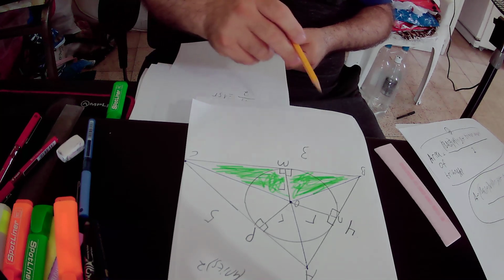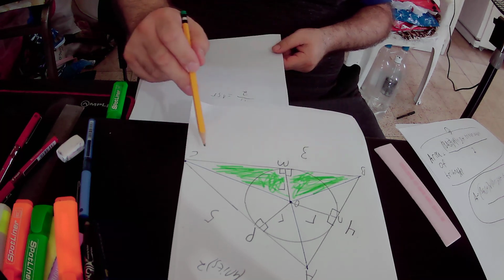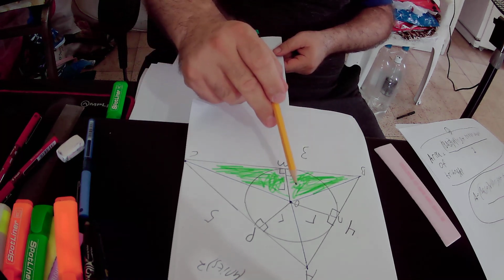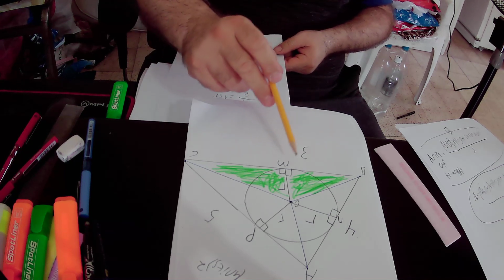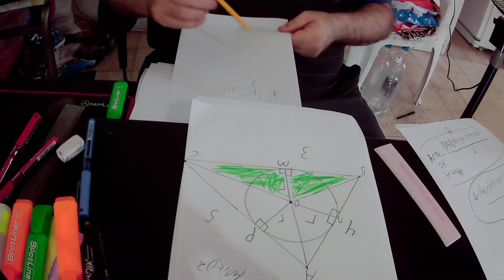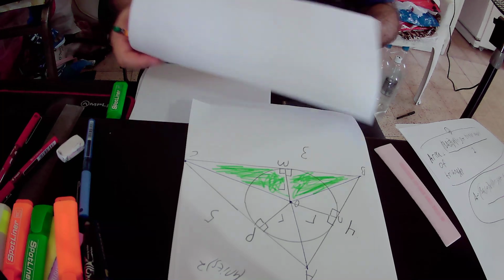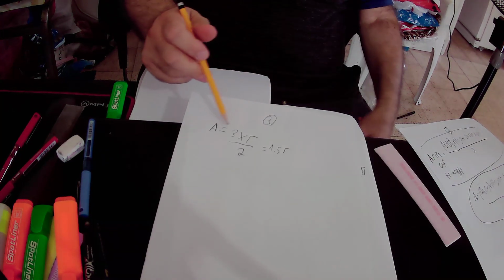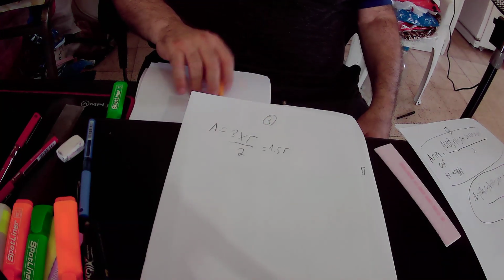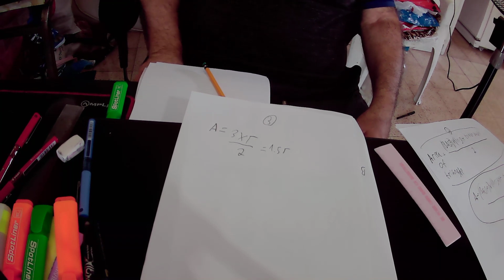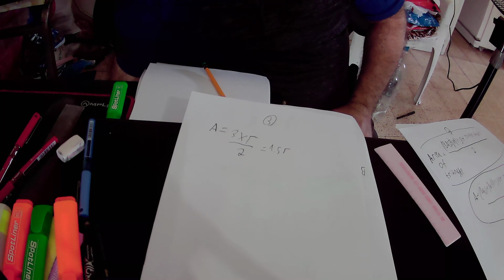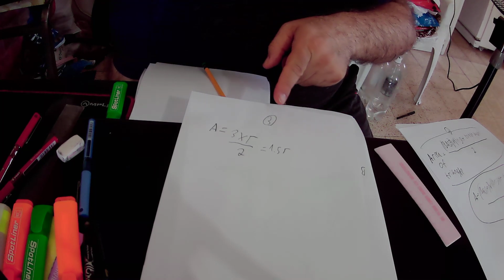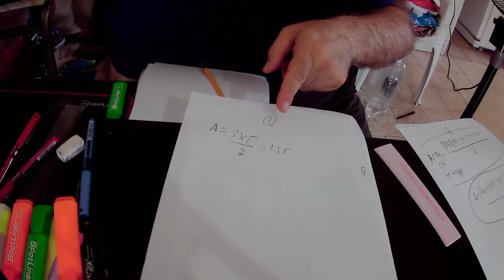Or 3 times the radius divided by 2. 3 over 2 times r equals 1.5 times the radius, because 3 over 2 equals 1.5. So the area of the green triangle equals 1.5 times the radius of the circle.